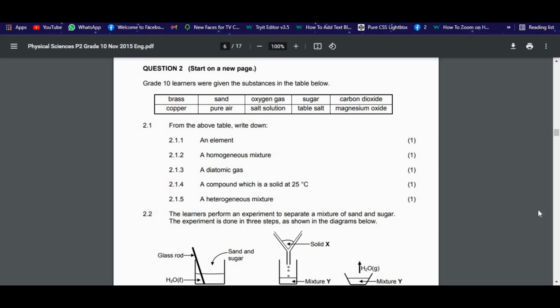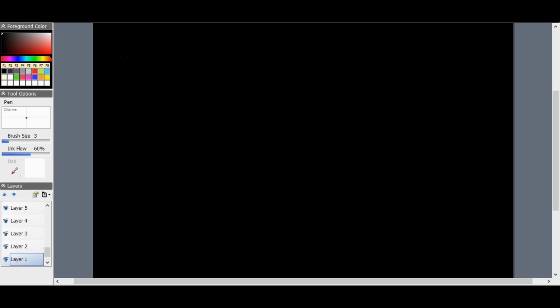Now there's more than one, you can choose any one here. So for an element, I see there is oxygen gas, that's an element, as well as copper. In other words, we find copper and oxygen as an element on the periodic table. So you can choose any one of those.